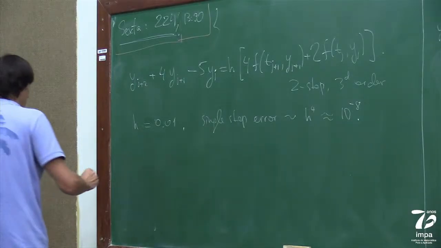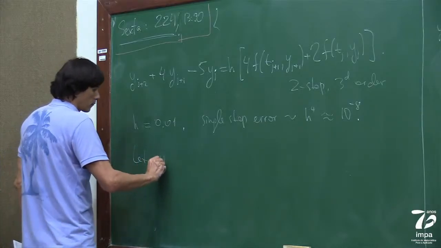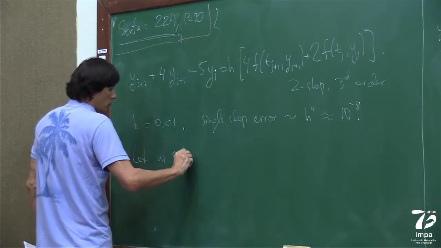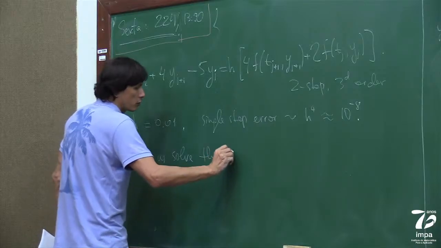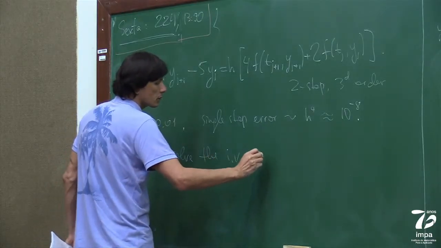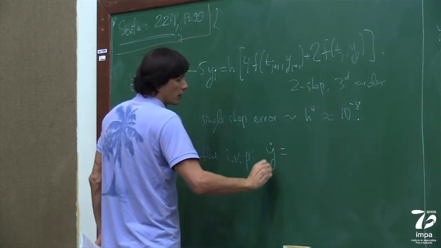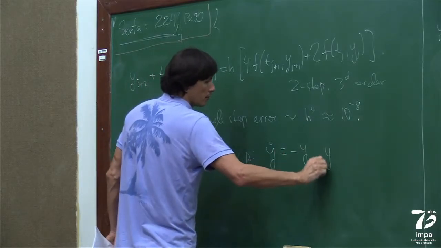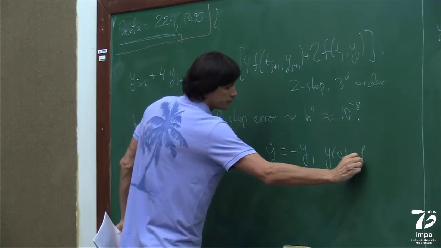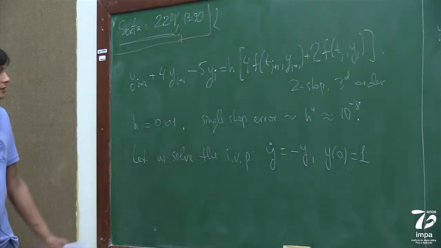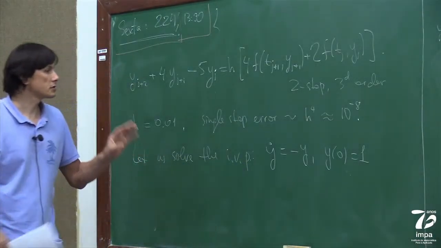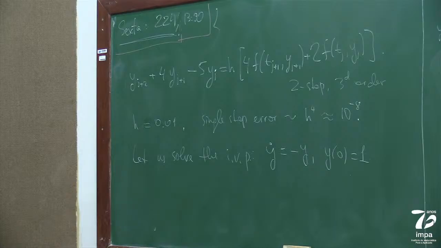So let's solve the initial value problem: y dot equal minus y, initial condition 1. So this is a linear system. Why do we do it? This is a theoretical example.